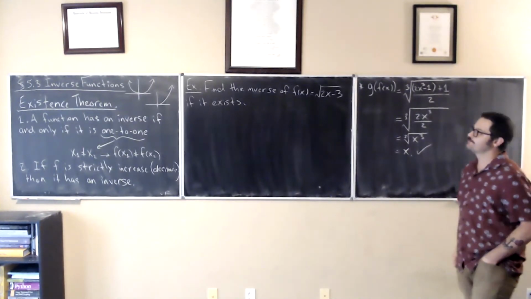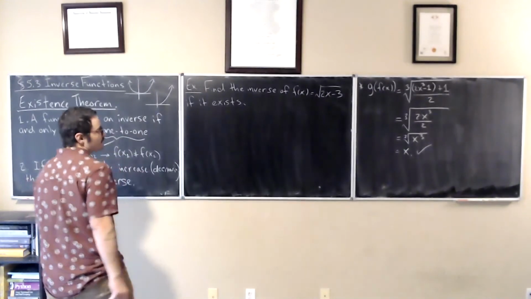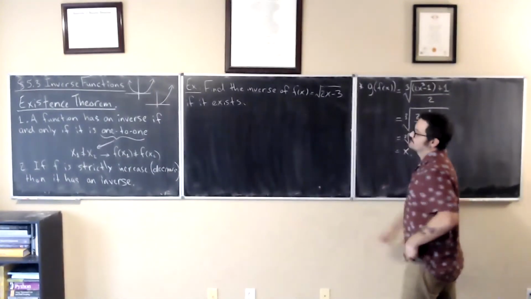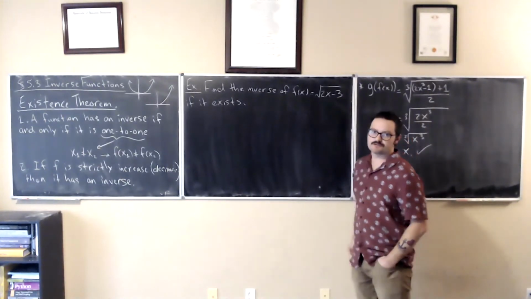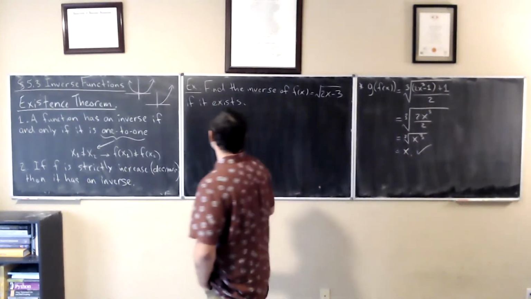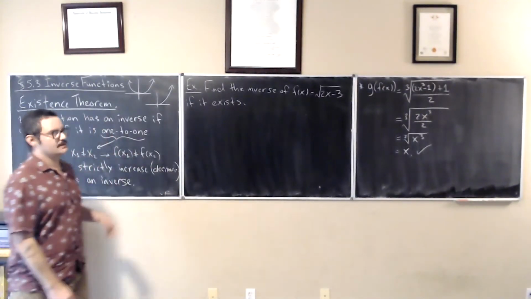So first of all, this function here is strictly increasing. This is a monotone increasing function. As you get larger and larger x, this becomes larger and larger. So it does exist by this theorem. So now we need to find it.